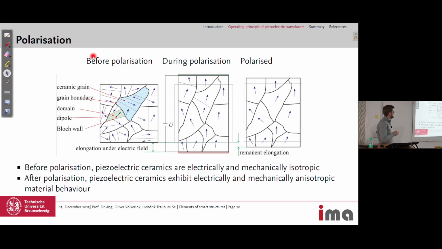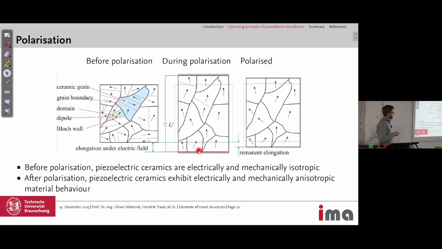Before our polarization, after we cool it down below the Curie temperature, we have the spontaneous polarization state. This is the one where we have the grains, and inside the grains are the domains with different dipole orientations and the Bloch walls between the different domains.